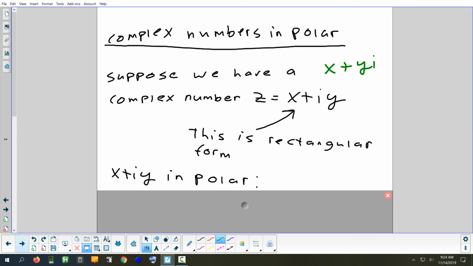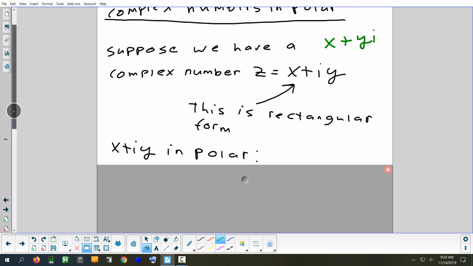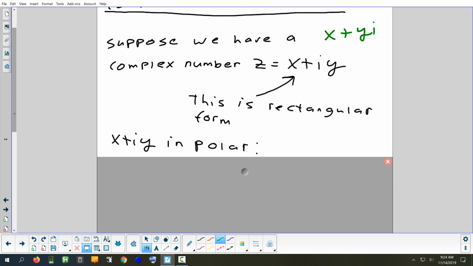Now, what we're going to do is take that and change it to polar. Just like when we deal with regular numbers in polar, we don't have an x and a y anymore. What are the two things that you have when you write something in polar? It's not x and y, it's radius and angle.